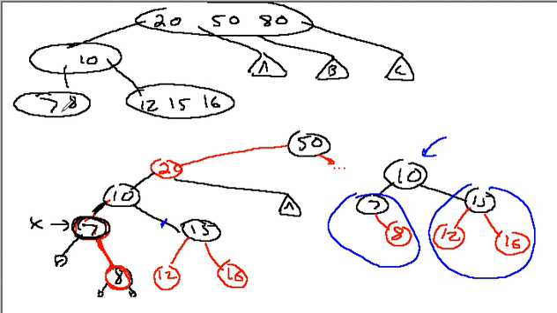So we had a case 3, which just meant color 8 red and move up. And then on this top level, we had a no underflow case, which means you would just leave the while loop. This gets colored black and you're done. If 7 had been the only value in there, and so this node underflowed as well, then you would have gone through the loop again. But we had a no underflow case on its parent, and so we were able to do the same thing we did when we had a no underflow case in the leaf, namely just color some red node black and we'd be done.